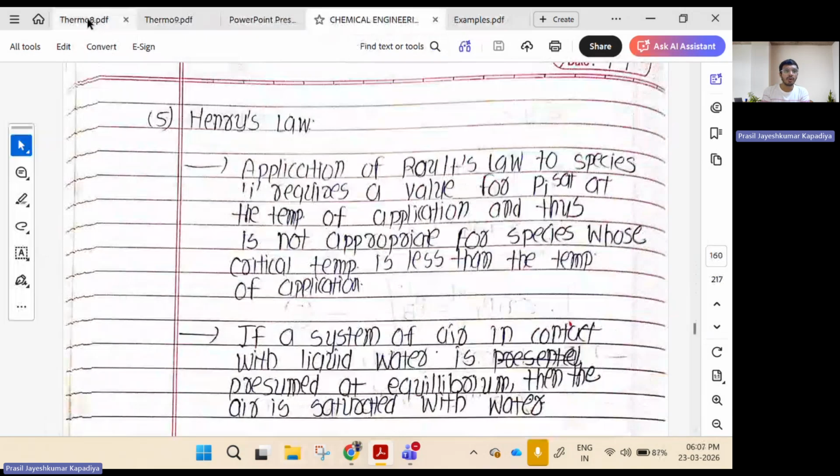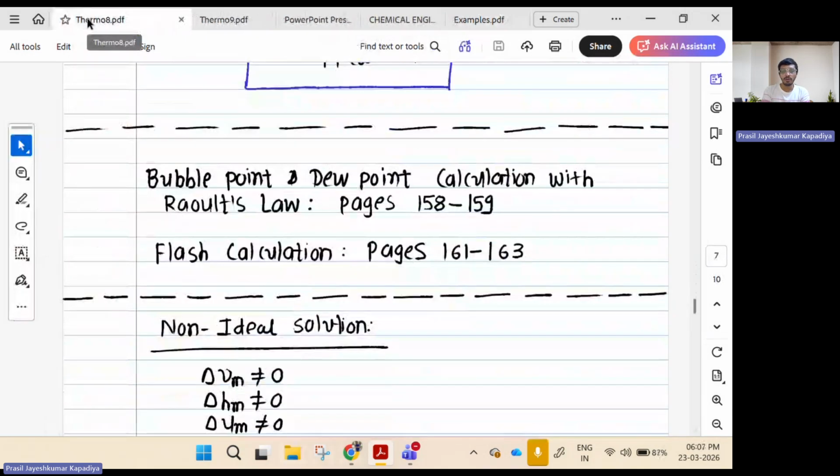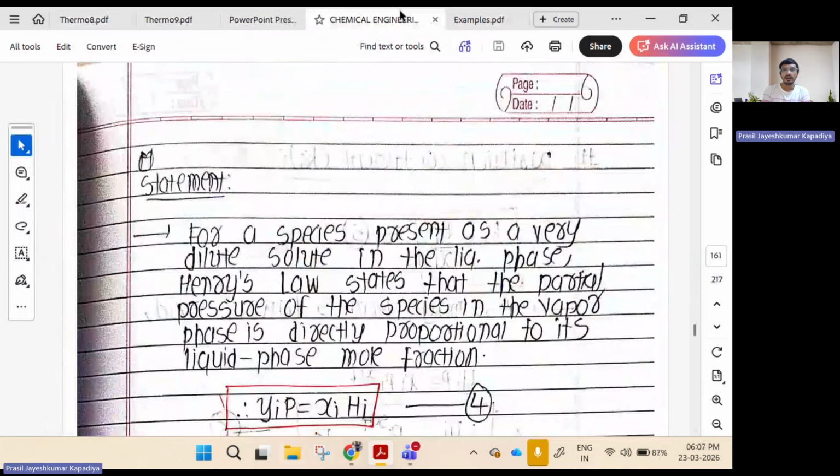This is what we did in the last class, and we looked at some very simple problems. Then we had a look at flash calculation.